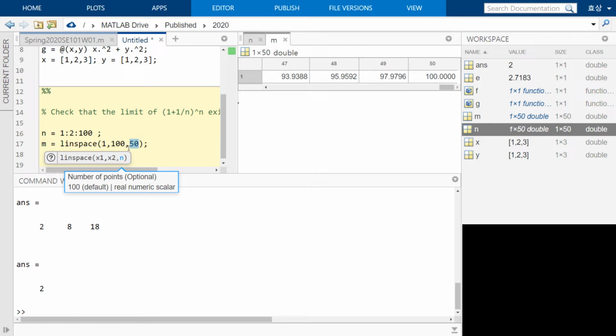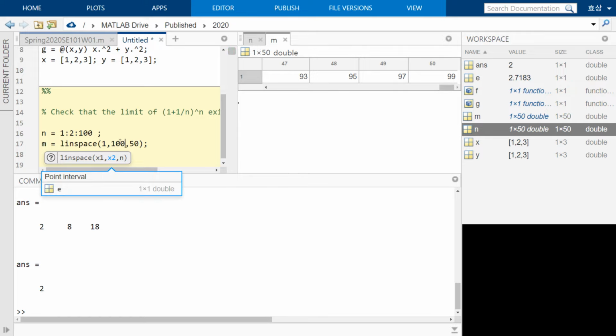In order to create the same array as n, you have to put 99 here. Then you get the same array as n.